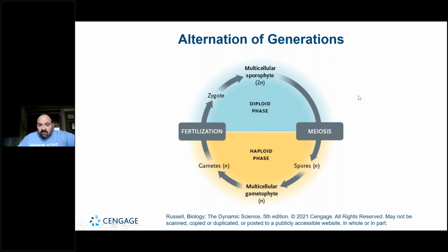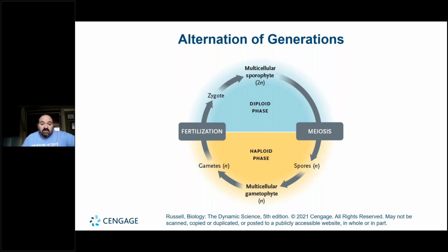So I would absolutely ask all of you to commit this slide to memory, to be able to draw it out and practice drawing it out, so that you have a basic understanding of what's taking place no matter what plant we're talking about, okay?